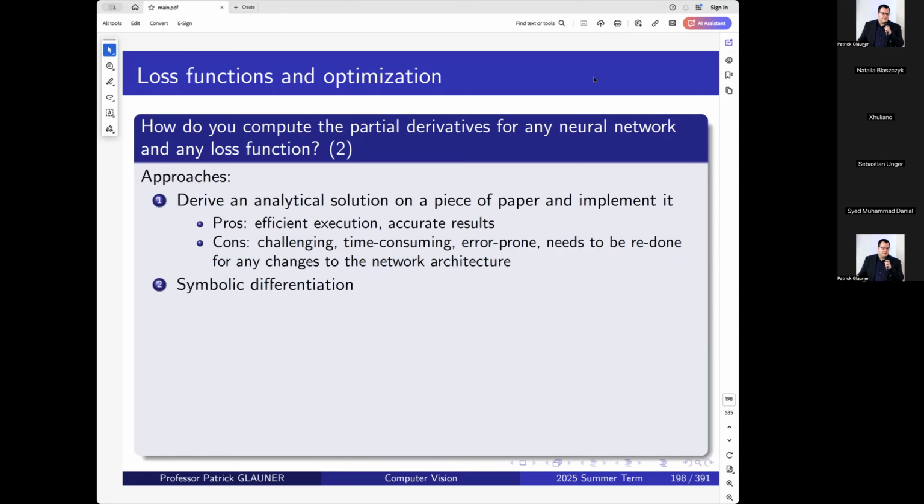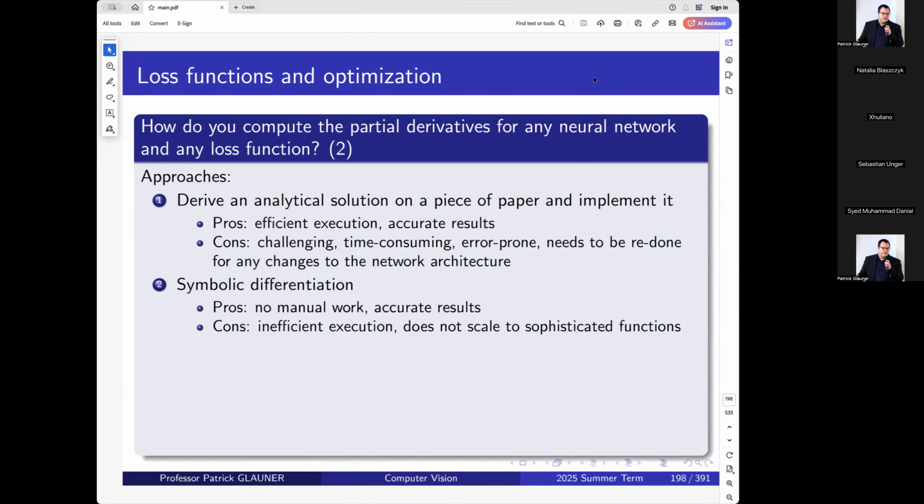You could think about, well, let a computer do this. We actually want symbolic differentiation. So symbolic differentiation would mean we use some advanced computer algebra system like Mathematica, Maple, whatever. Not MATLAB, very importantly. MATLAB is not a computer algebra system, it only has some extensions for symbolic differentiation.